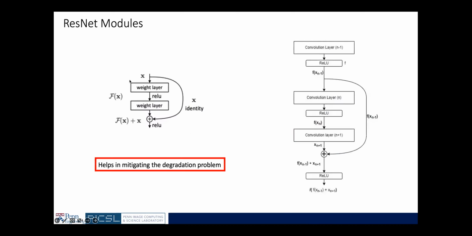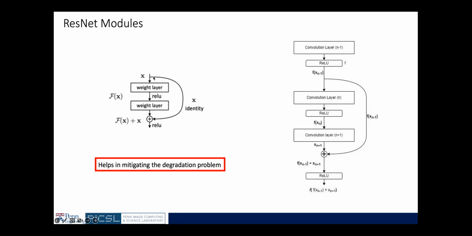Let me expand this. If you look on the left, you have your output coming from the previous convolution layer. You let it pass through another convolution layer, and whenever I say convolution layer, it comes with an activation function and normalization functions as well. So you take x, pass it through the conv layer, get f of x, and then you take the input itself and add these two things together.